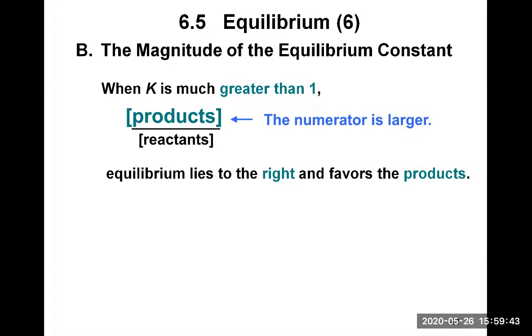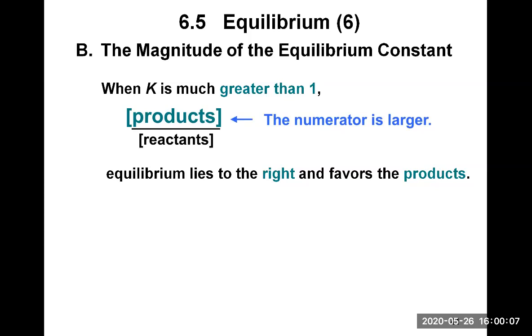So when K is much greater than 1, if we recall what the expression for the equilibrium constant is, it's the concentration of product over the concentration of reactant. If K is much greater than 1, the numerator is much larger than the denominator.